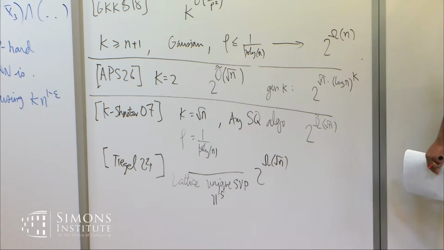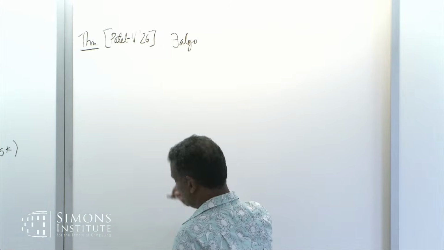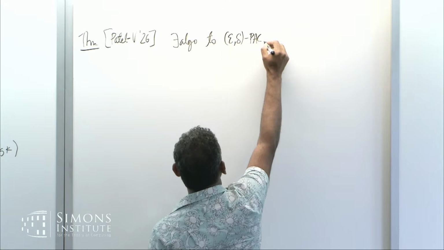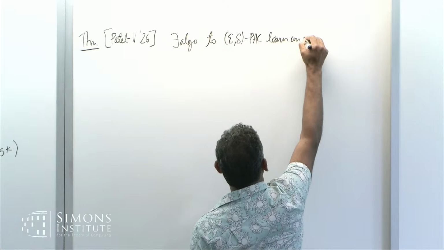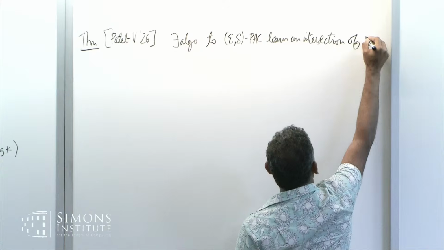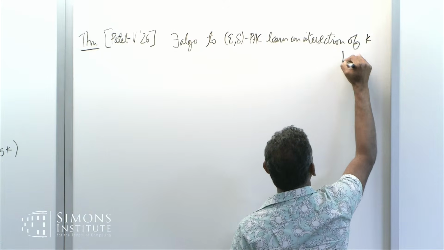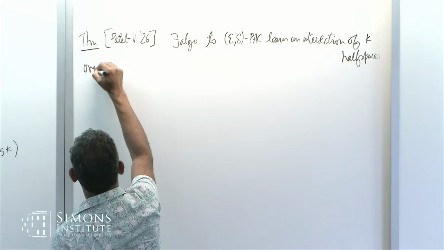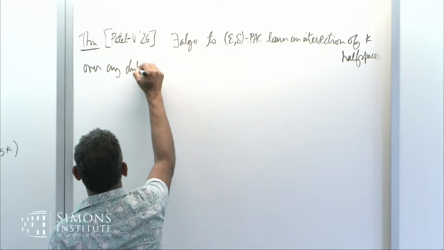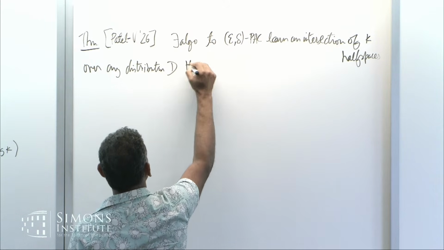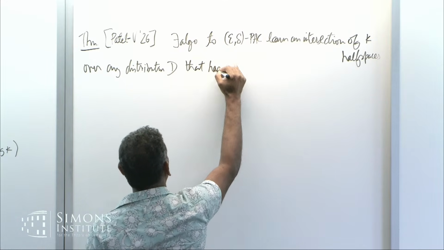There exists an algorithm to PAC learn, epsilon delta, the usual definition, an intersection of k half spaces over any distribution D that has margin rho.